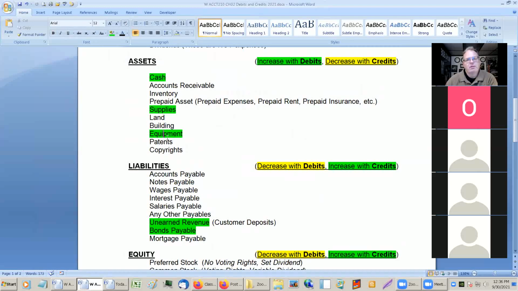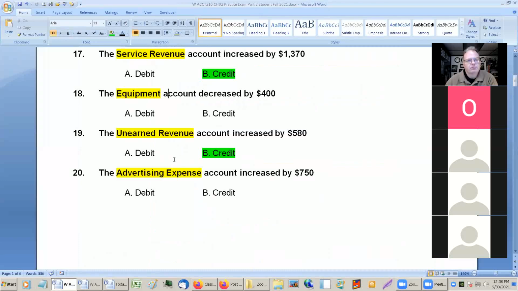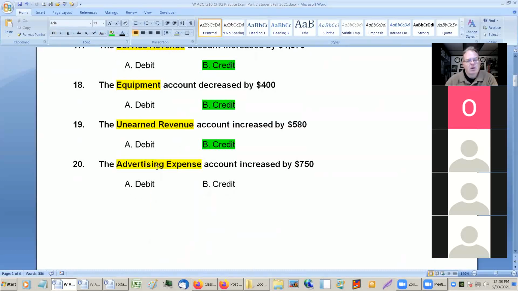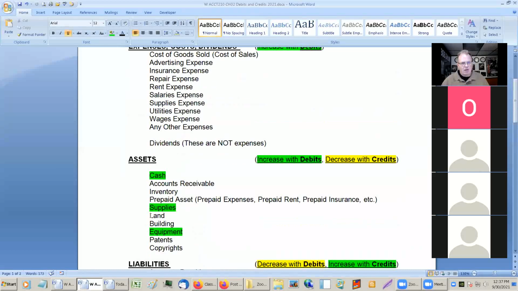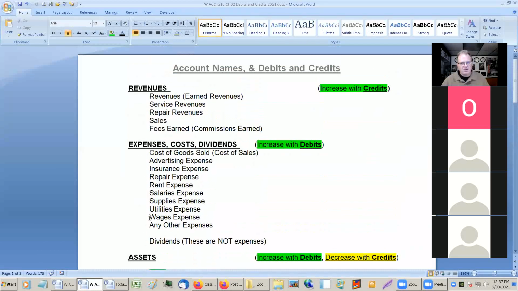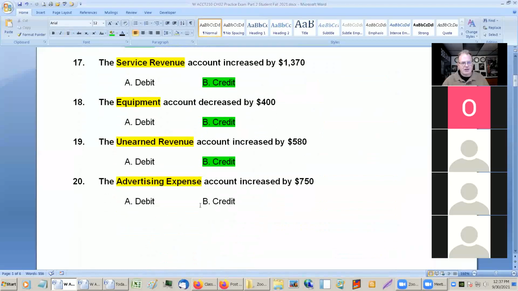And so equipment, if it decreased, will be a credit. Advertising expense increased by 750. Expenses. Debit. I say that unless something kooky happens, they're debits.